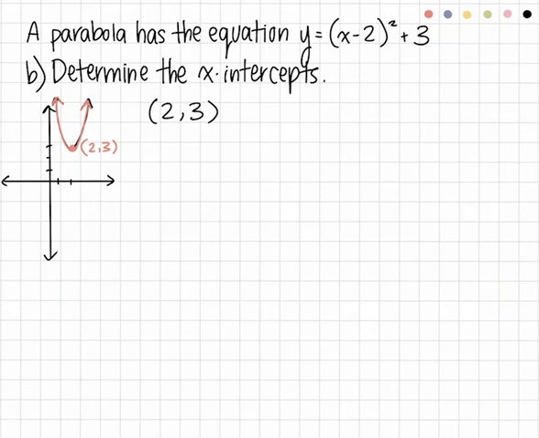So what are the x-intercepts? This is where the x-intercepts happen. What do you think they're going to be? Does that parabola look like it's going to have any x-intercepts right now? No, it's not going to, right?